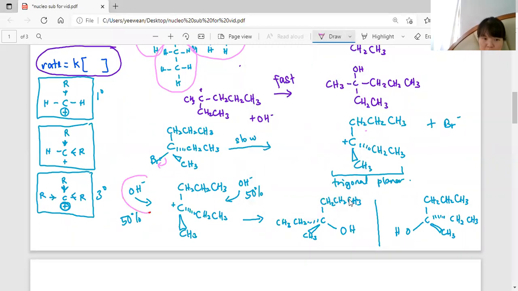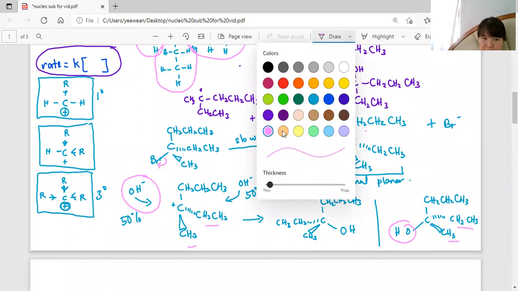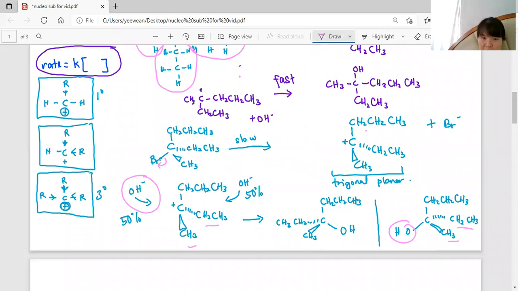So if the OH came this side, the OH comes here, and the CH3 will be here, and CH2CH3 will be on that side. If the OH comes from the other side, so it will end up here, and the CH3 will be pushed to the other side here, and this will be pushed to the other side, so CH2CH3.